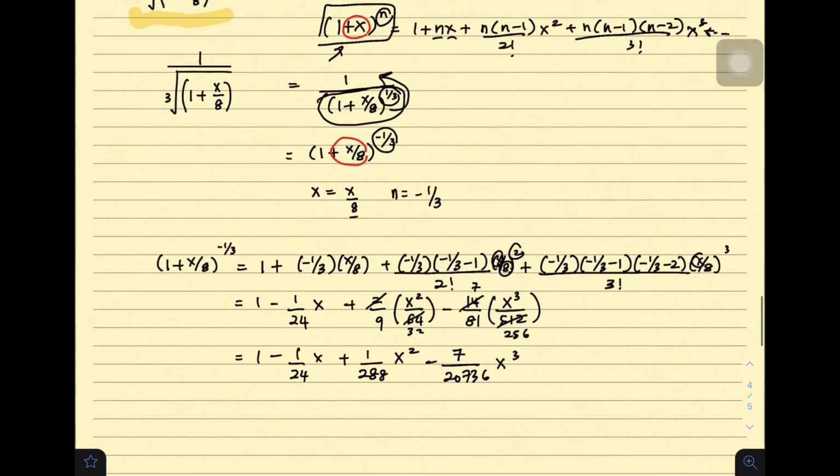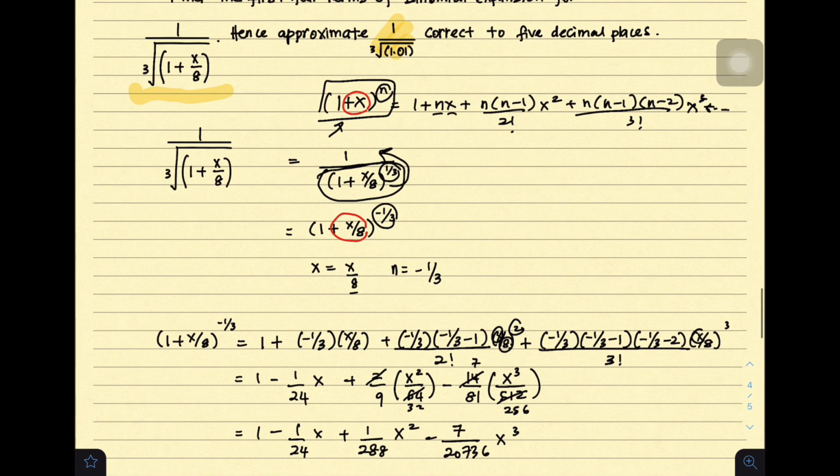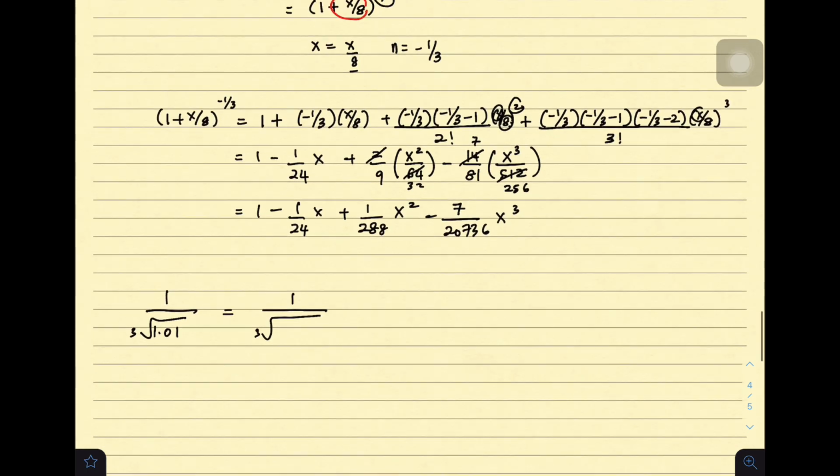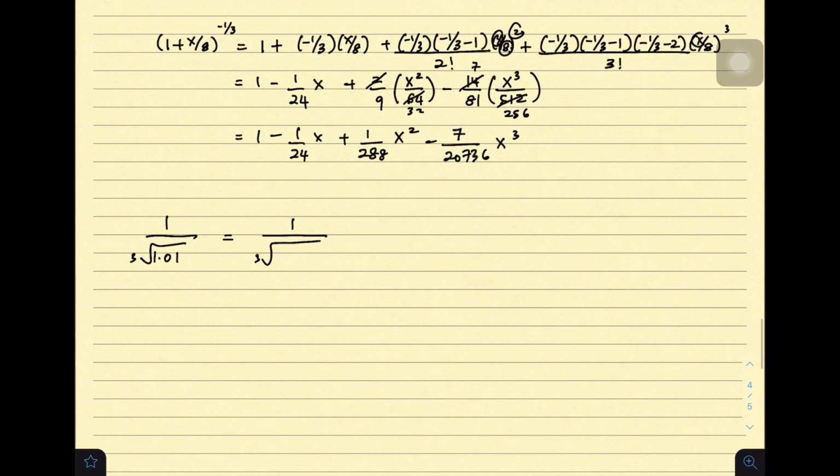Okay, so sekarang next soalan suruh kita approximate the value of this function, where is 1 over cubic root 1.01. Okay, so our function just now is 1 over cubic root at 1 plus x over 8.